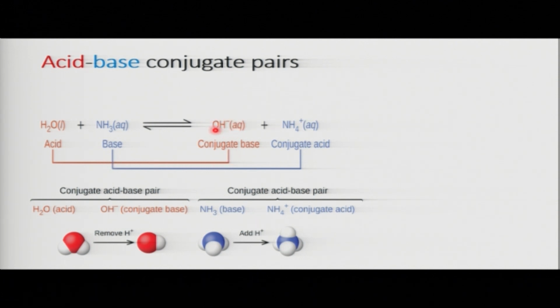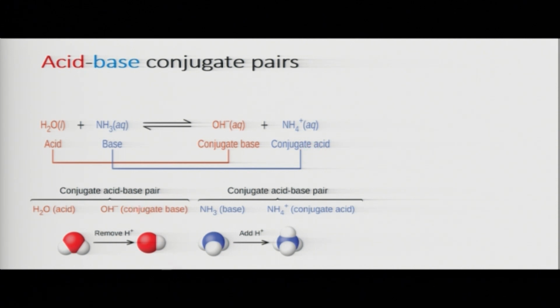It's a base because it has the capacity to accept a proton. Ammonia is a base because it has the capacity to accept a proton. When it accepts a proton, it forms ammonium ion, which is a conjugate acid. This has the capacity to release the gained hydrogen ion, and that's why it becomes an acid.